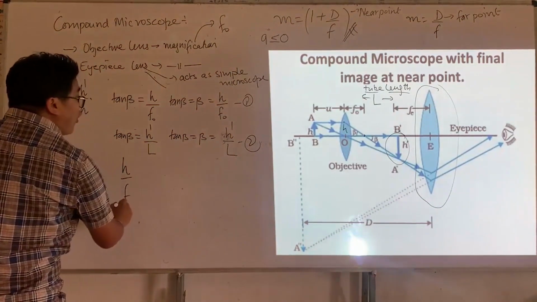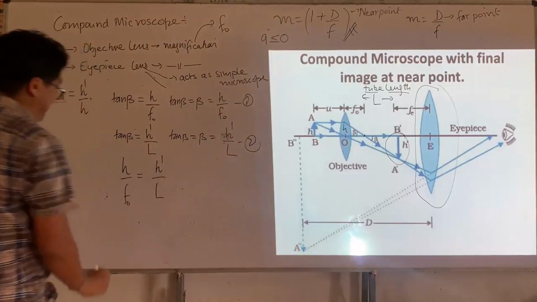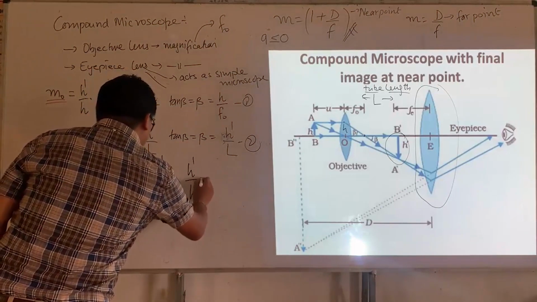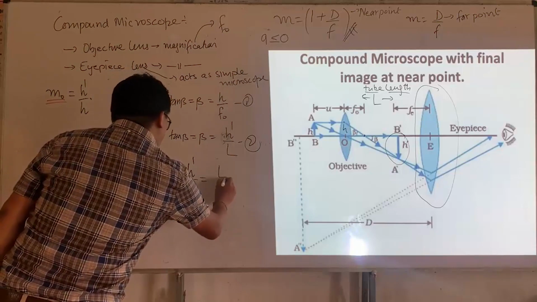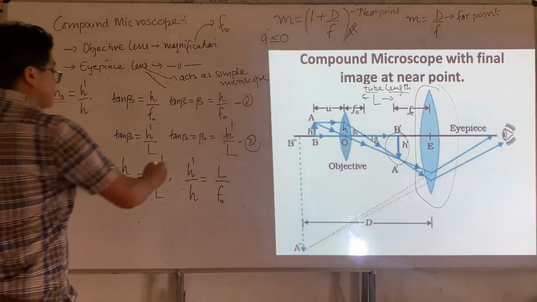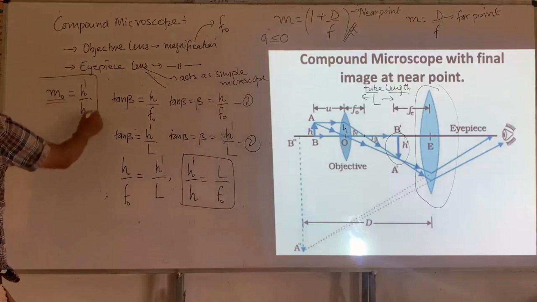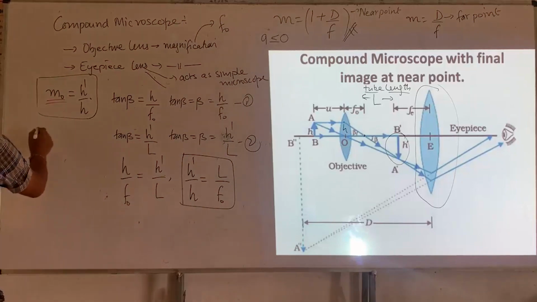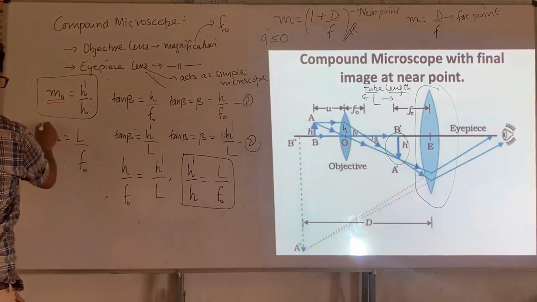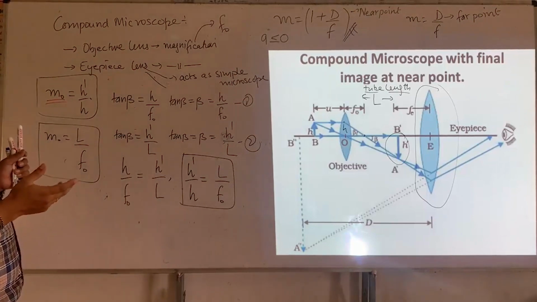H divided by F naught is equal to H prime divided by L. And what is that? H prime divided by H is equal to L divided by F naught. Am I right? Okay. So what is H prime divided by H? H prime divided by H is what we call M naught. So M naught is equal to L divided by F naught. Yes. So this is the magnification for an objective lens.